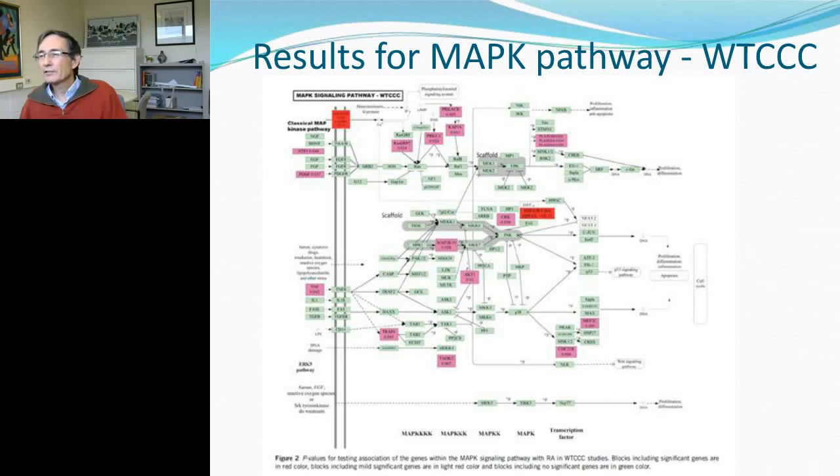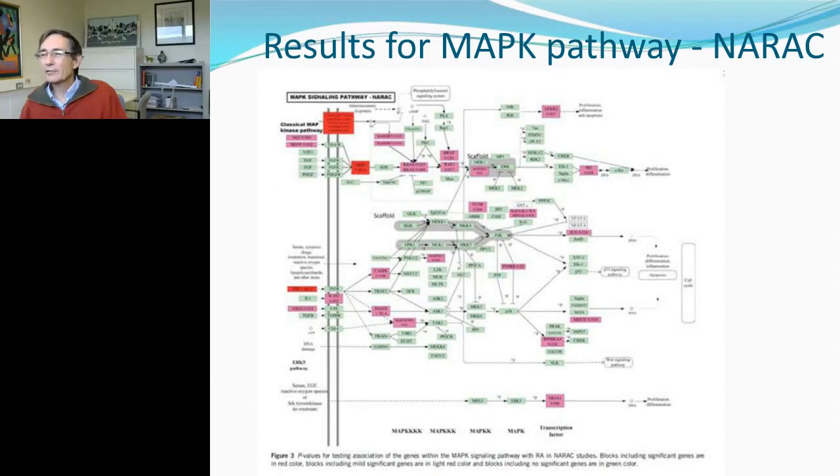If you compare the pathways between the two different data sets, the Wellcome Trust and the North American Rheumatoid Arthritis Consortium, the same pathways rose to the top. Individual genes included in the pathway were not necessarily the same. In this example, the red marks are the significant genes in the pathway; on this slide we show the results for the Wellcome Trust finding, and on the next slide we show NARAC.